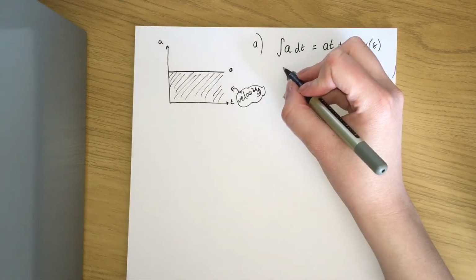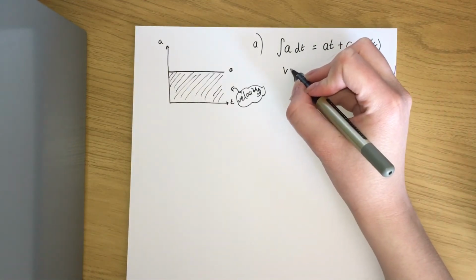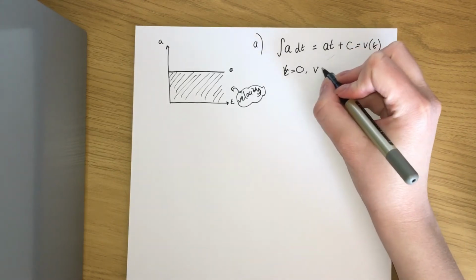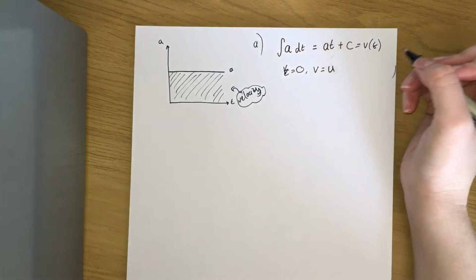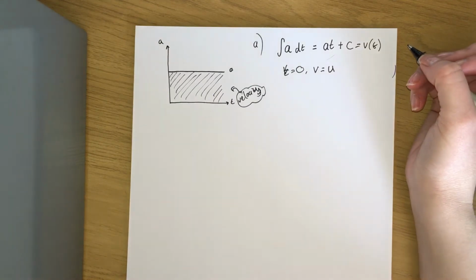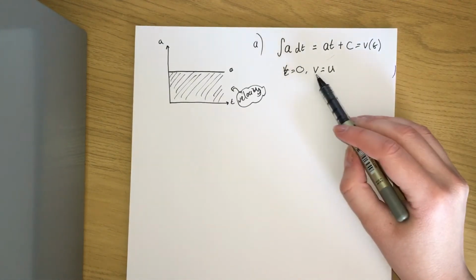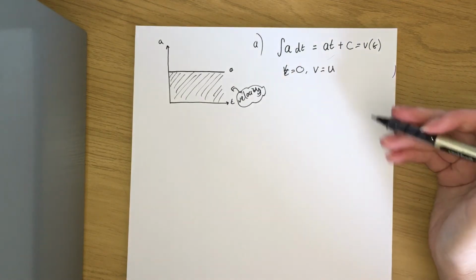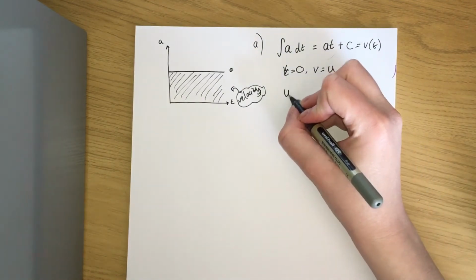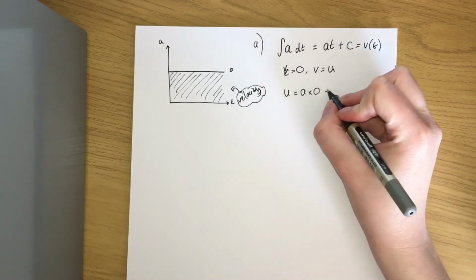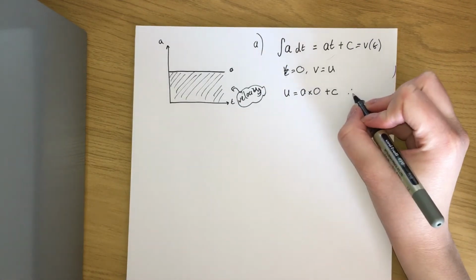What we do know, though, is that when t is equal to 0, velocity is equal to u, because the initial velocity is u. So u is equal to a times 0 plus c.